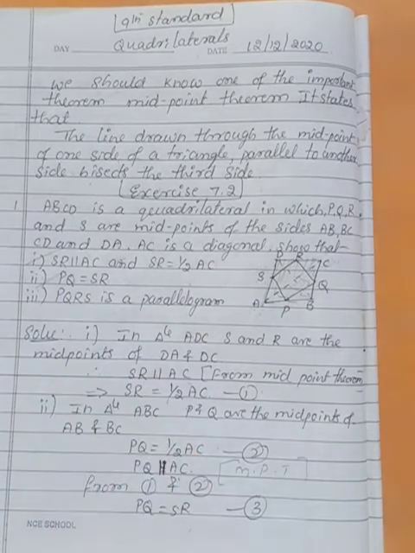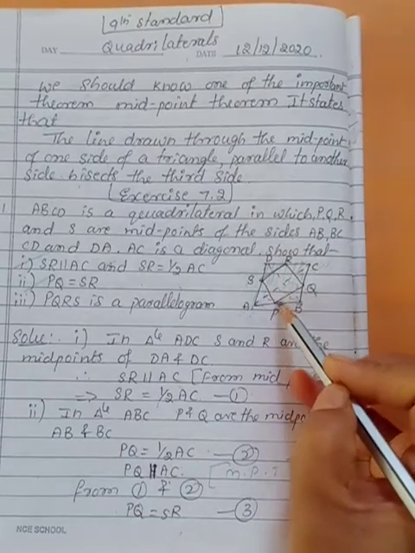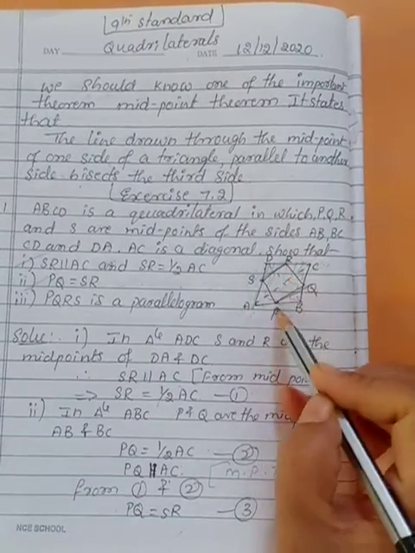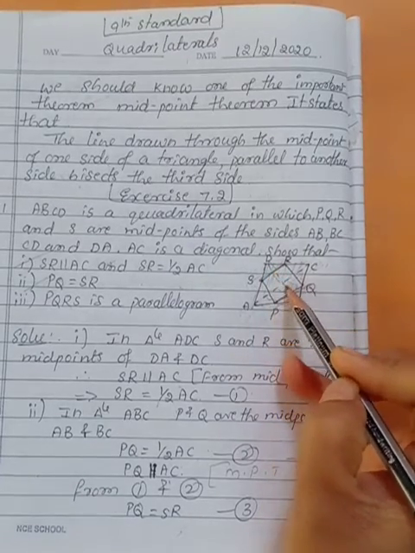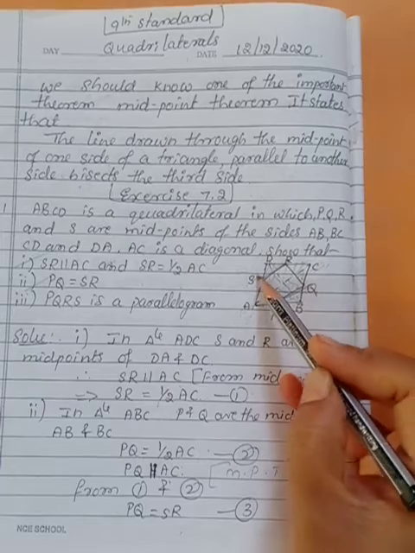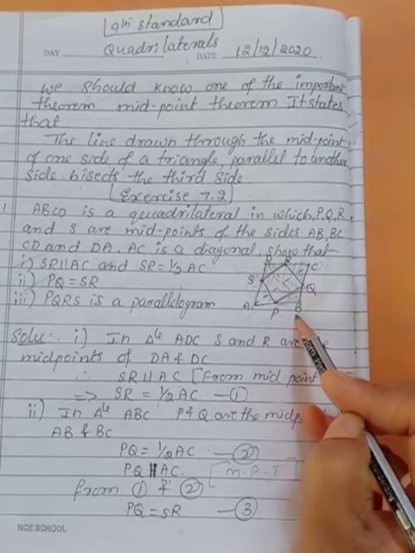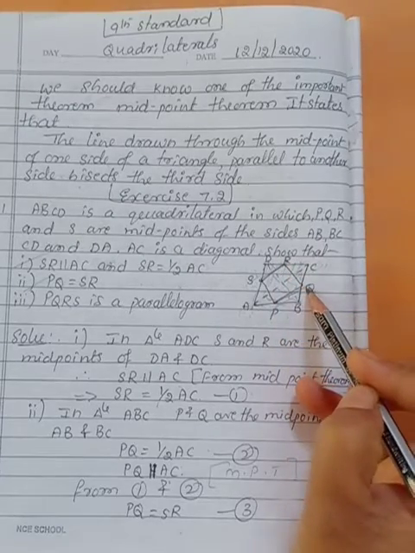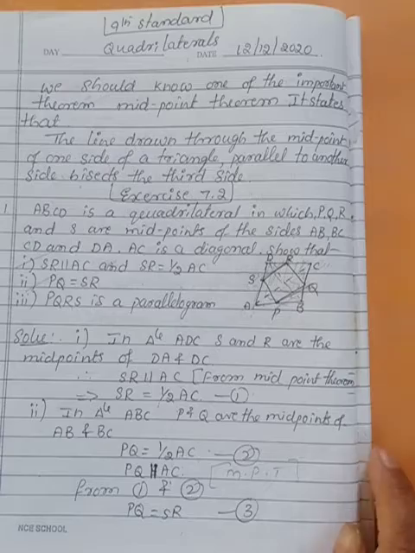Now the final proof is that PQRS is a parallelogram. Already we got that this side is equal to this and this side is parallel to this. Now what do we have to do? We have to draw one more diagonal here, and automatically SP will be parallel to DB and half of DB, and RQ will be parallel to BD and half of BD, isn't it?